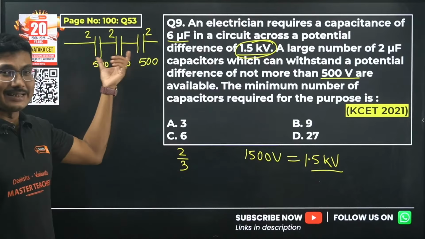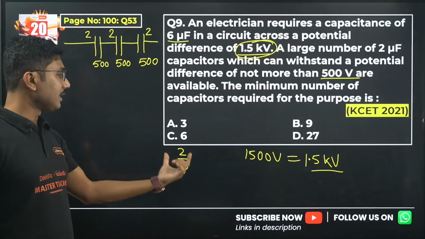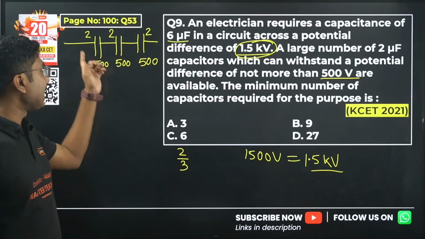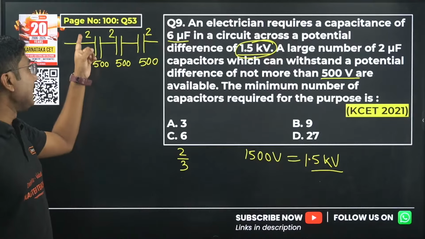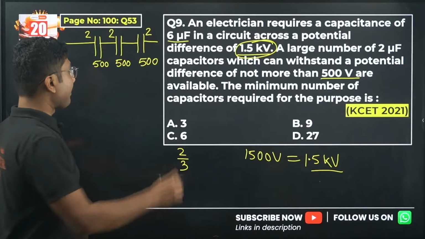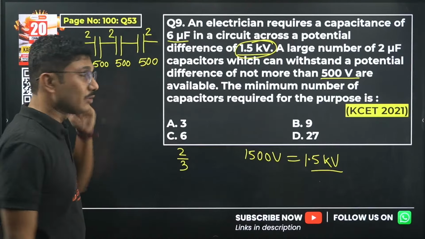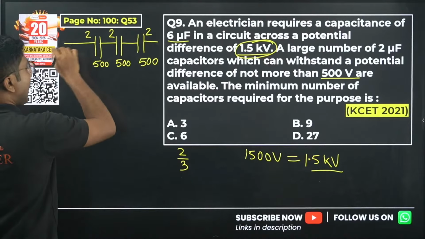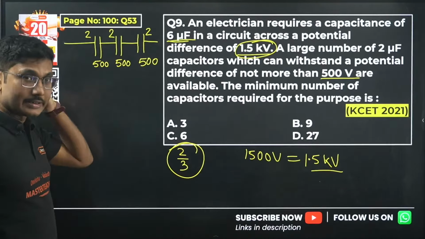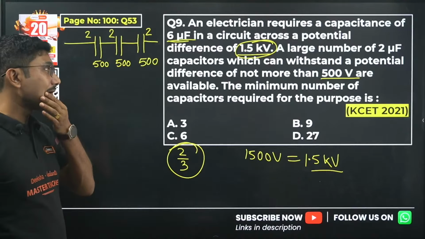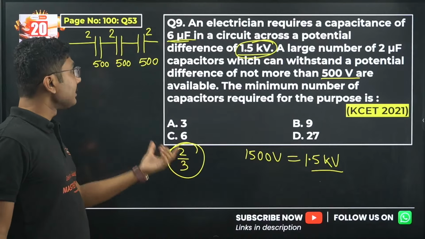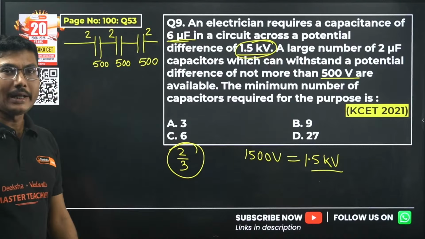That is because they are equal capacitors in series: one capacitance divided by the number of capacitors gives the capacitance of this particular line. Definitely this is not 6 microfarad. Capacitances in series do not add directly like resistances, they add reciprocally. That's why the equivalent capacitance for these 3 is 2 by 3.